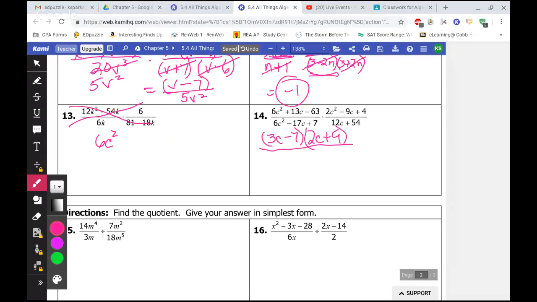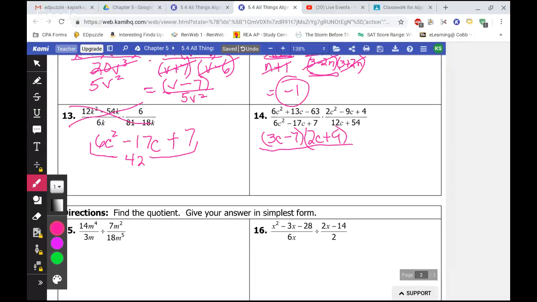Okay. 6c squared minus 17c plus 7. So the AC method, Anna, says, because I know Miss Wynn uses this pretty consistently in her class, so I know Garrett is familiar with it. What that means is I'm multiplying the coefficient of the A term and the coefficient of the C term to give me 42.